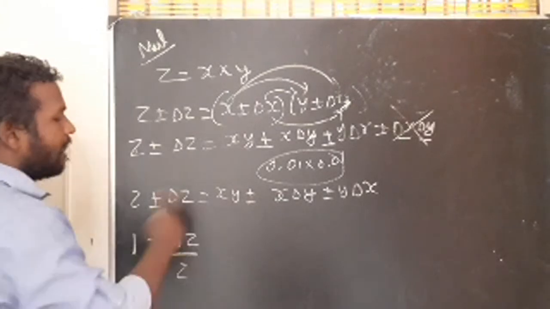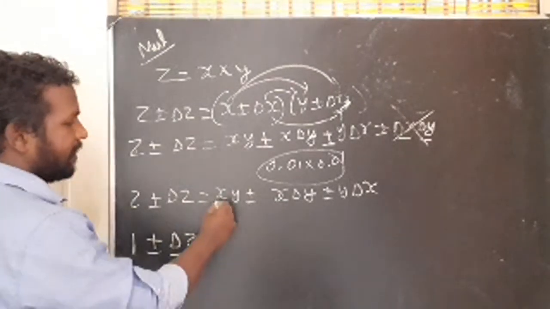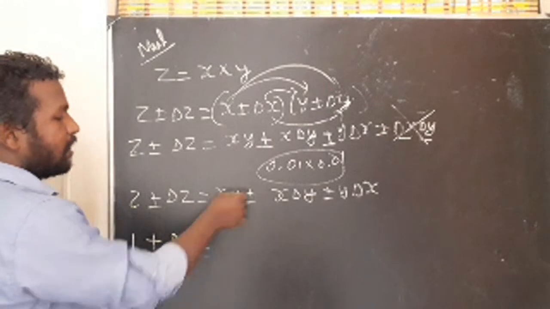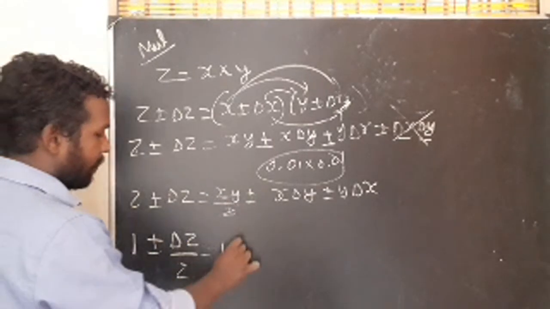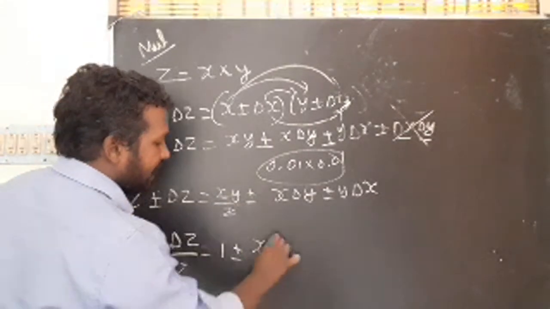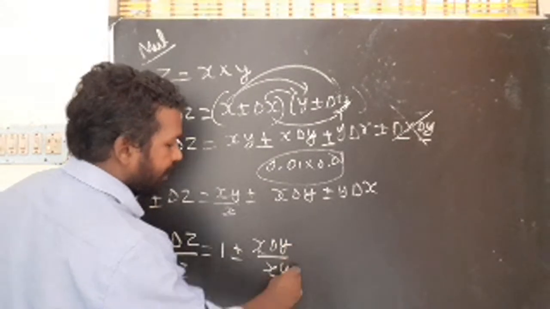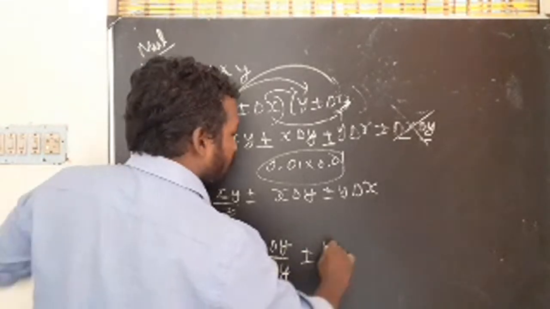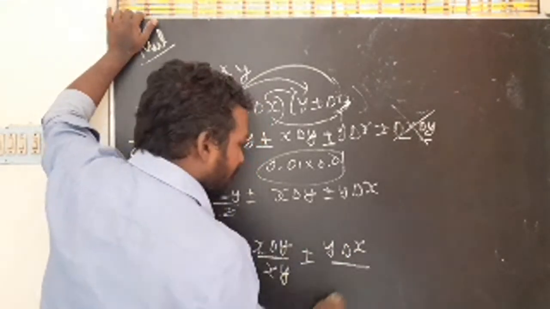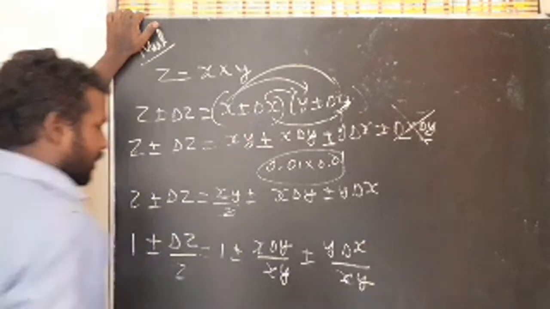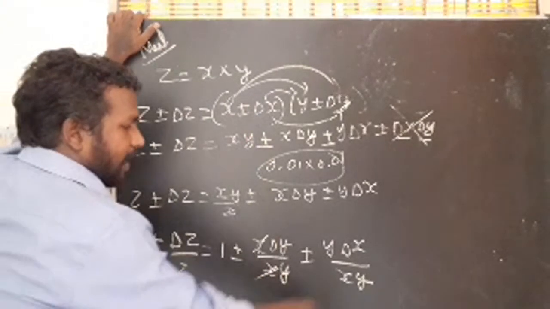I think in the previous class I left that term. So z is equal to xy, and this is going to be 1 plus or minus x del y divided by z, and z is xy, plus or minus y del x divided by xy, because z is xy. So x gets cancelled, y gets cancelled.